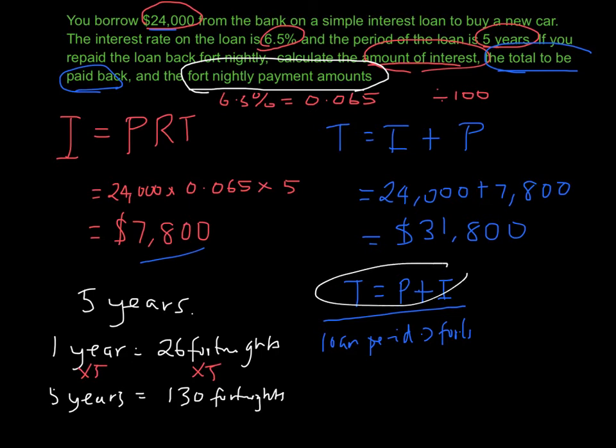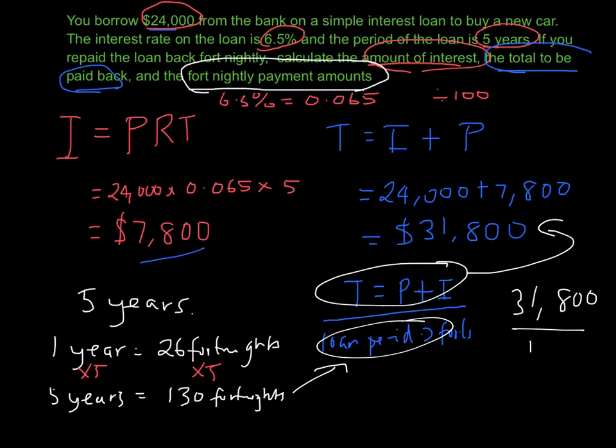So I've already got the total amount, which was here, and I've already got the loan period, which was here. So what I'll simply do to work out the last one is I'll do $31,800 divided by 130. That'll share it evenly between those 130 fortnights. So in this loan, I'm going to plug in $31,800 shared evenly between those 130 fortnights. My repayments are going to be equal to $244.62, rounded correctly to 2 decimal places.